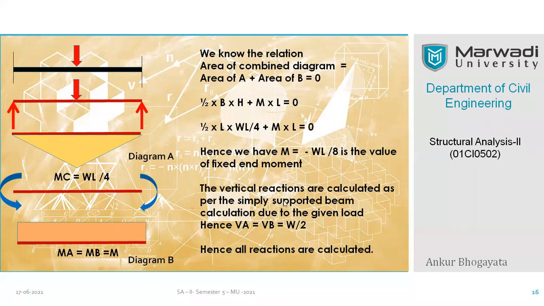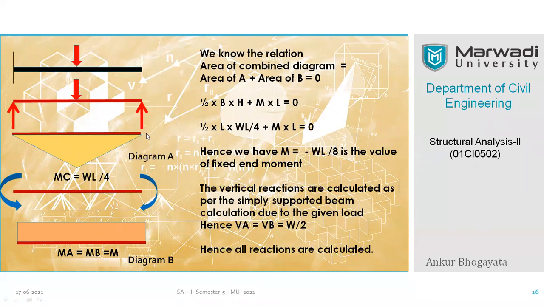So within no time, you can understand that definitely it is possible to calculate friction moments as well as vertical reactions for fixed beams. So now we have learned how to calculate friction moments as well as vertical reactions for a fixed beam with a simple understanding, with a simple example.